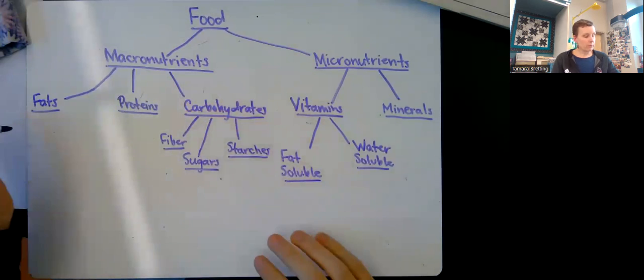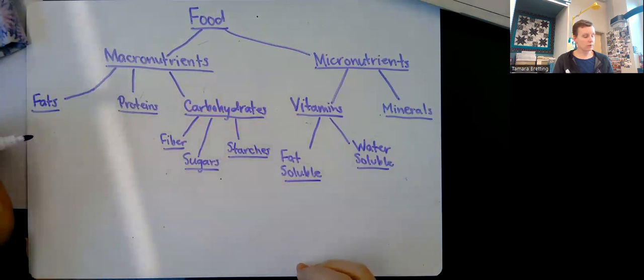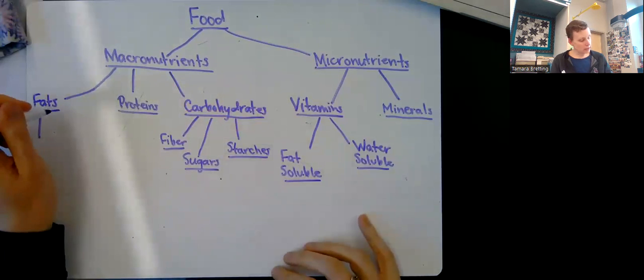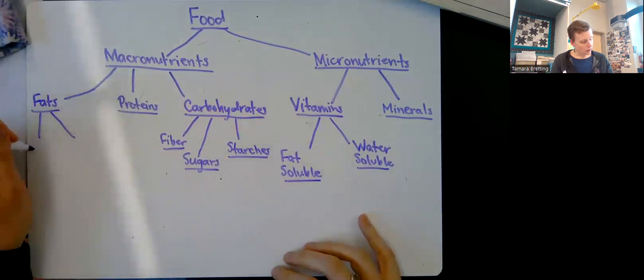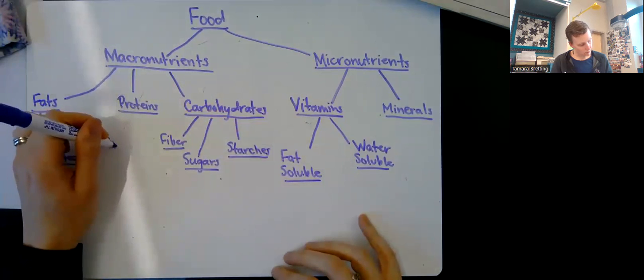Okay. And then proteins, we're not going to split that further. There are lots of different kinds of proteins, but we're going to keep our protein piece of our chemistry a little bit simpler. But the fats, they split into 2 major categories, saturated and unsaturated.